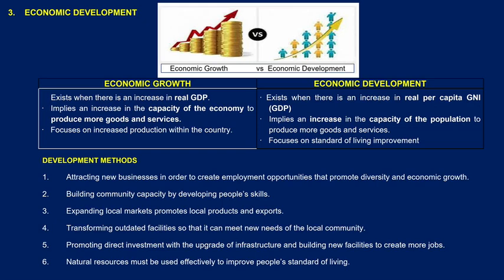Transforming outdated facilities so that they can meet new needs of the local community. Promoting direct investment with the upgrade of infrastructure and building new facilities to create more jobs. And number 6, natural resources must be used effectively to improve people's standard of living.